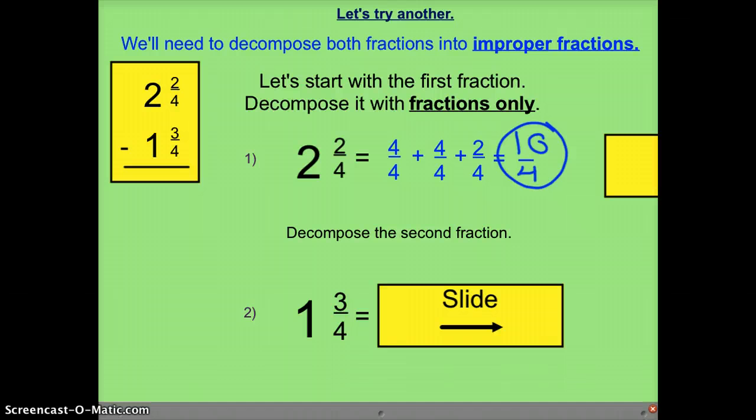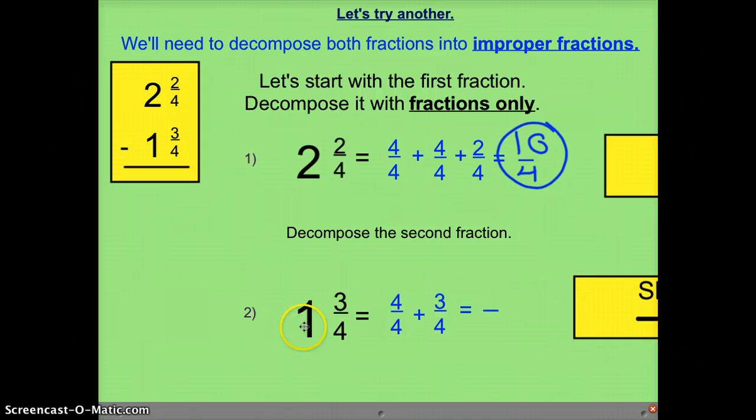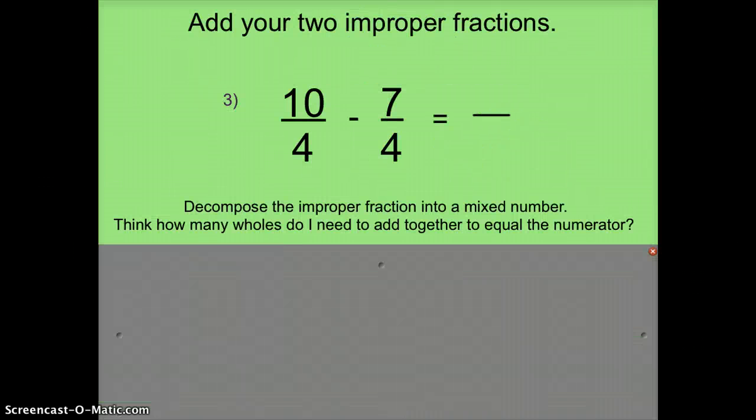Same process here. 4/4, 1 time. 4/4 once plus 3/4. 1 whole and 3/4. 4/4 plus 3/4 equals 7/4. We'll use that again later. This is a subtraction problem, so we'll do 10/4 minus 7/4. 10/4 minus 7/4 is 3/4.